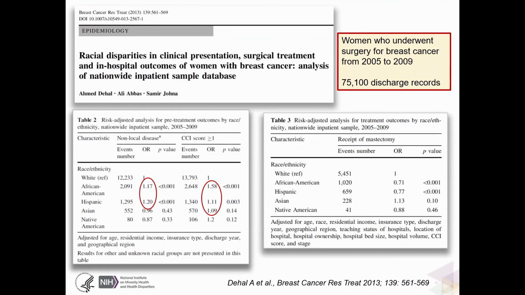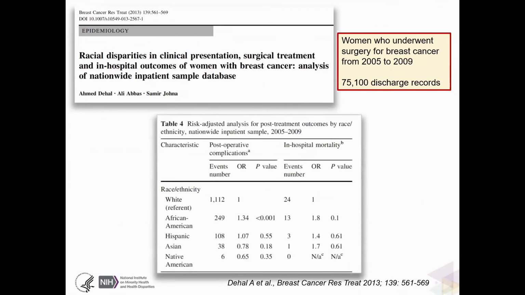When adjusting for income and other factors, the authors reported that African American women and Hispanic women had between 23 to 29% lower odds of undergoing mastectomy.